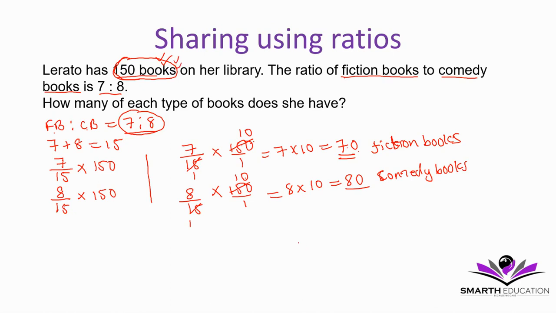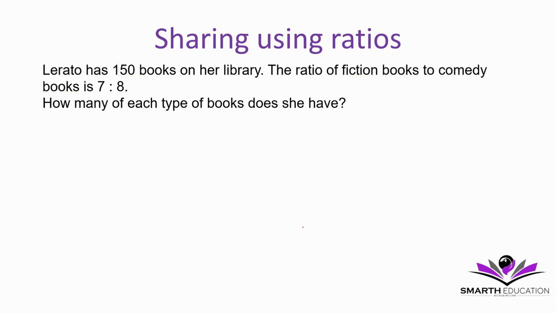You see that? Let me show you the second method. The second method, we start by adding these ratios. So we say 7 plus 8, which is equal to 15. So 15 is the total shares of both books. So now, what about one share? One share.